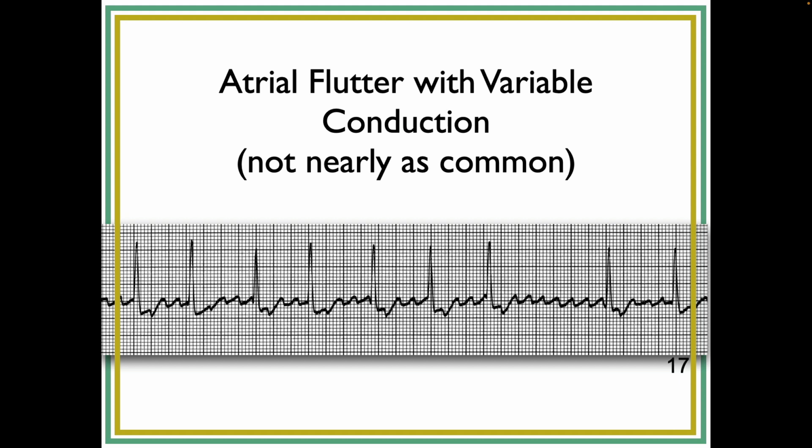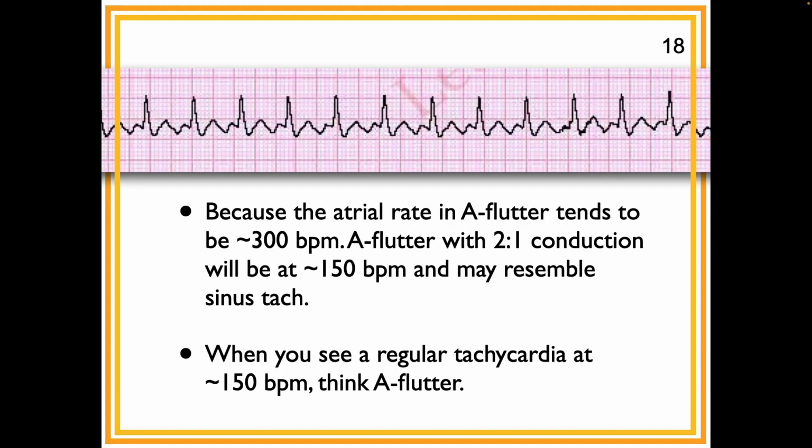There is something called atrial flutter with variable conduction, where it doesn't go through at a regular rate. Not nearly as common. So, atrial flutter that goes through every other time is hard to see the flutter waves because you only see like one or two in the middle.